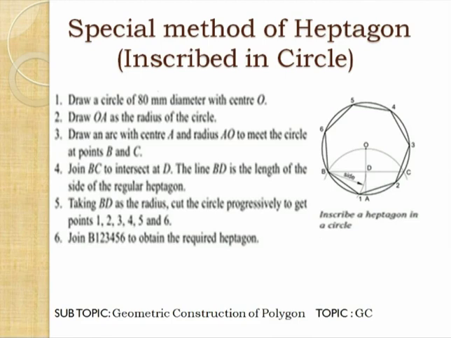First you draw the circle of 80 mm diameter with center O. Then draw OA as radius of the circle.